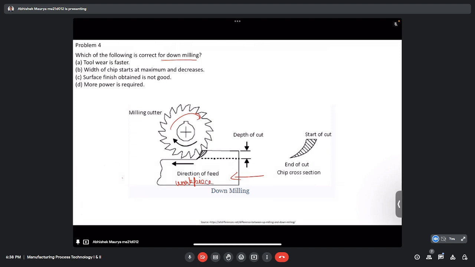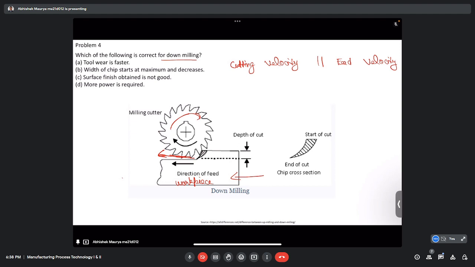Again, if we try to see what is happening here, the tangential component of the velocity of the milling cutter is also towards the left, or we can say the cutting velocity is parallel to the feed velocity.